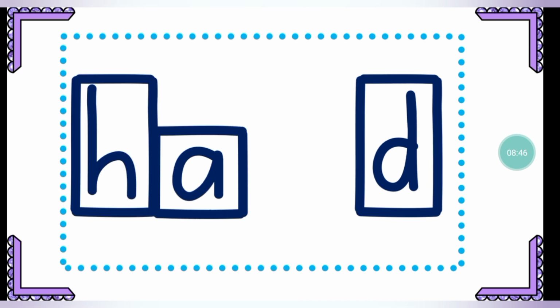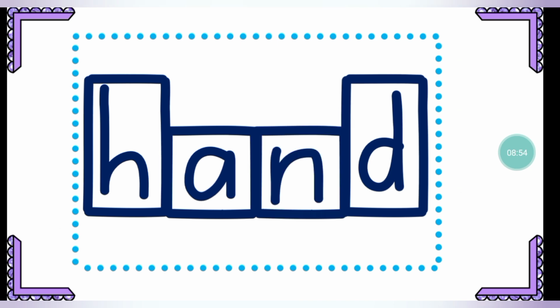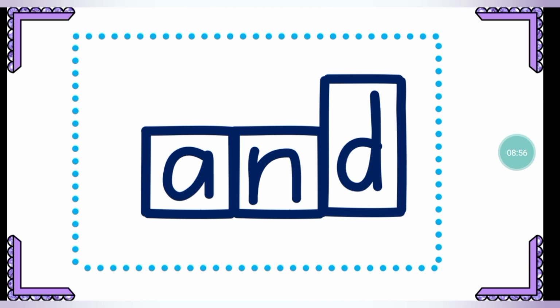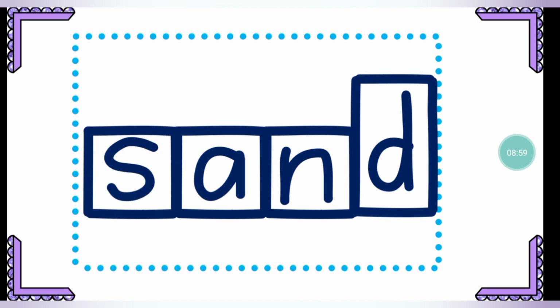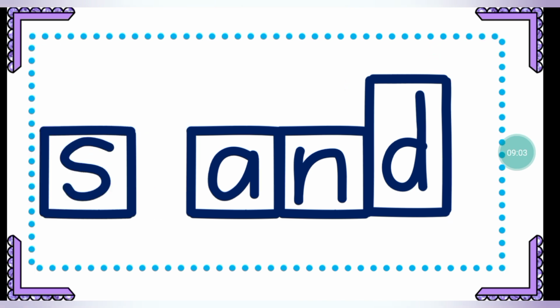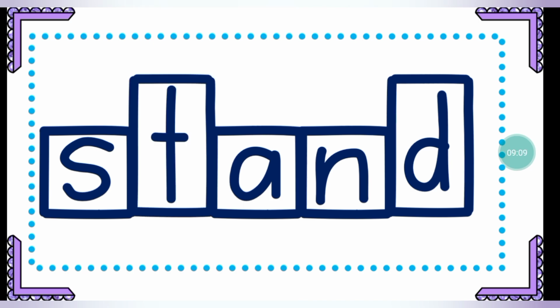Thumbs up. Had actually makes sense. Thumbs up. Even if something is missing, it still makes sense. Hand. Thumbs up. Okay, sand. Thumbs up. Makes sense. Sound. Yep. Even if something is missing, it still makes sense. So thumbs up. Stand. Thumbs up.